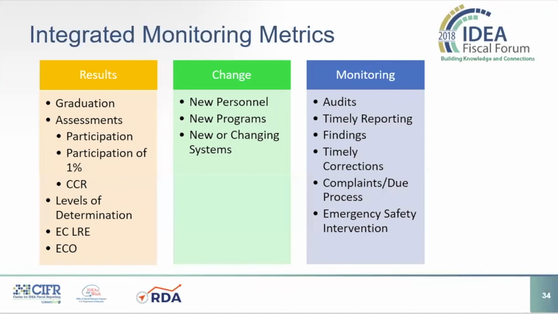And newer changing systems. They may have restructured their system lately, which could be a very positive thing, such as implementing MTSS or some other big systemic change. But anytime you change a system, you introduce risk just because it's different and there's more opportunities for things to fall through the cracks.